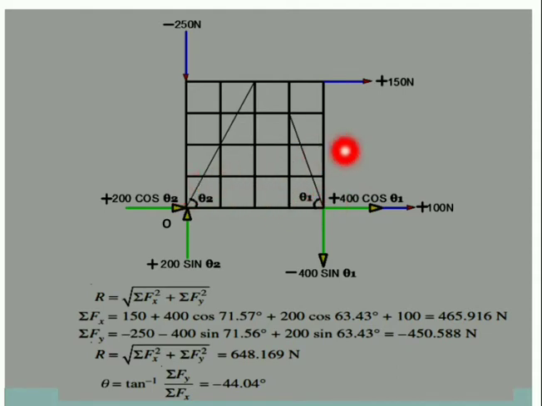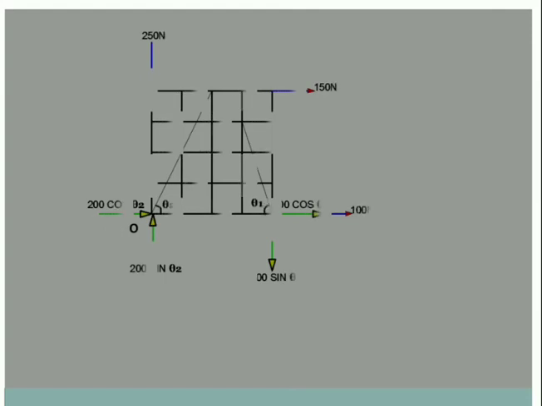Now the forces which can cause moment are 150, which is a horizontal force, with vertical distance of 40 units, and this vertical force which moves towards point O, with horizontal distance again 40. So let us look into the moment diagram. This is the first moment.